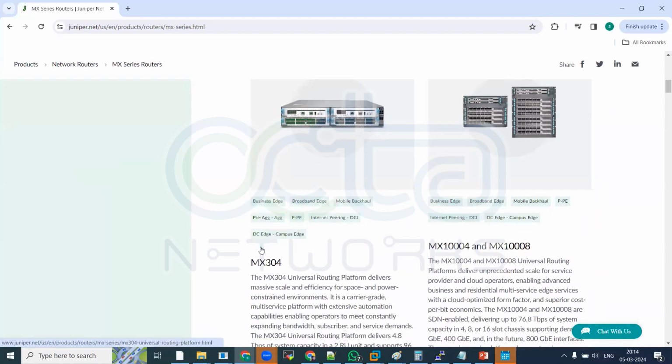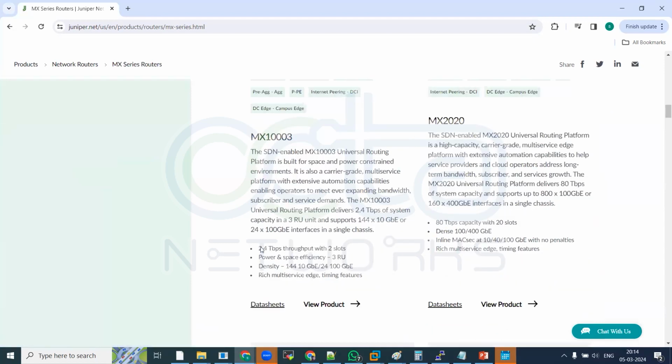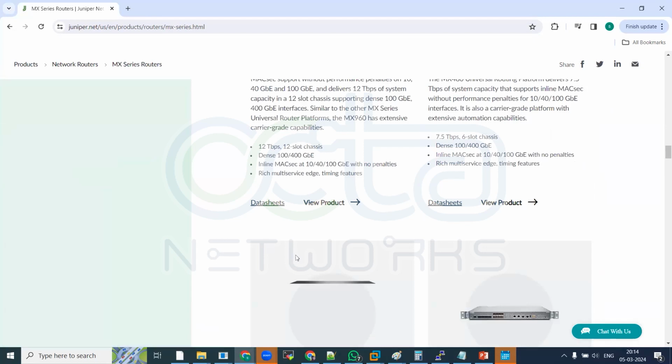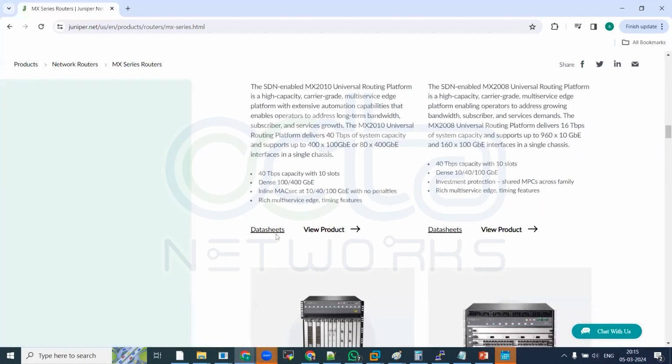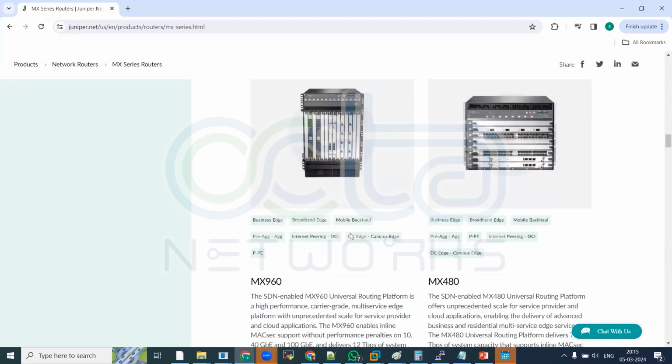These are physical devices, and every device's data sheets and details are available. We are not taking a deeper look into this, but on the surface you can see how much capacity we have on these devices.